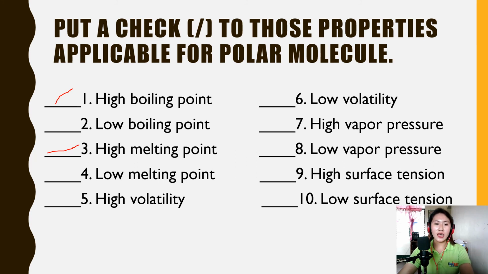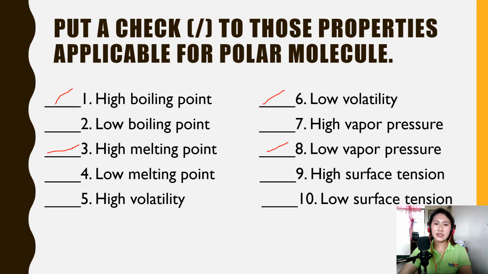Okay? So next, we have high volatility and low volatility. So, nasaan dyan yung applicable sa polar molecule? Very good. It is the low volatility. Okay? Next, between high vapor pressure and low vapor pressure, saan mas applicable si polar molecule? Very good. It is in the low vapor pressure.